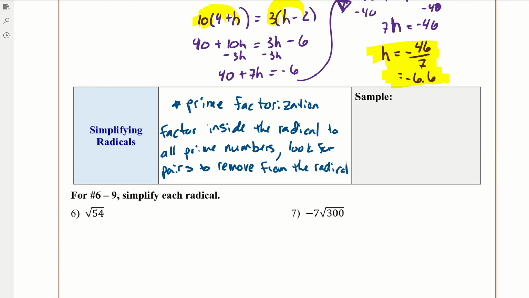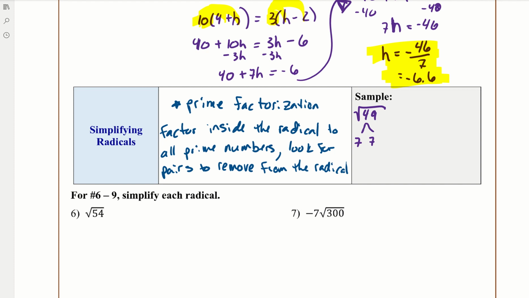So maybe I'm going to look at an example like the square root of, let's do 49. Well, I like to do this little tree. So what are the factors of 49? The factors of 49 are 7 and 7. And now you're at prime numbers. You can stop there. If that was an even number, we would continue to factor.